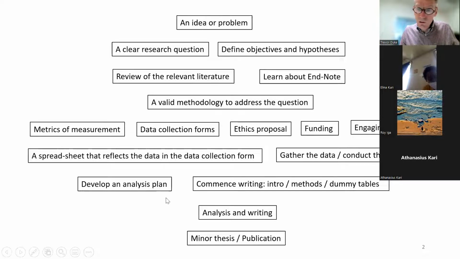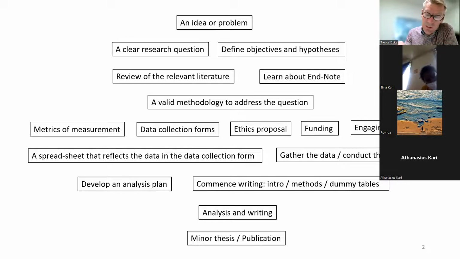It's important along the way to develop some sort of analysis plan. What that means is, once you've come up with your research question and a methodology, the analysis plan should be possible to devise. That means coming up with a way in which you're going to analyze your data. And don't leave that to the end.